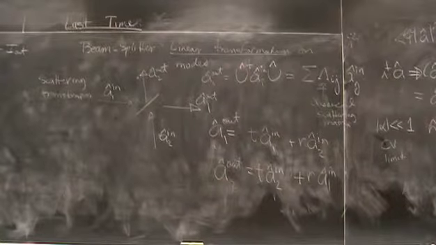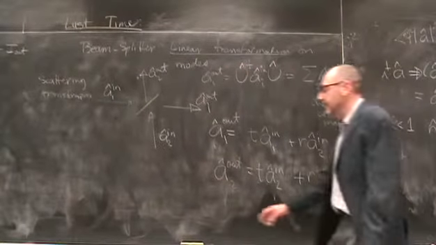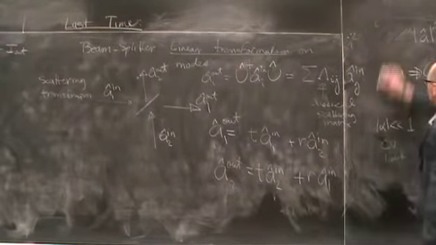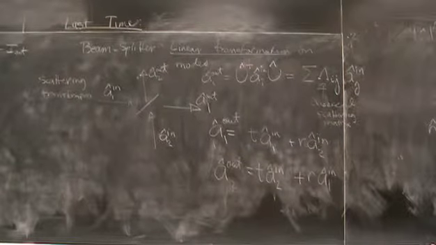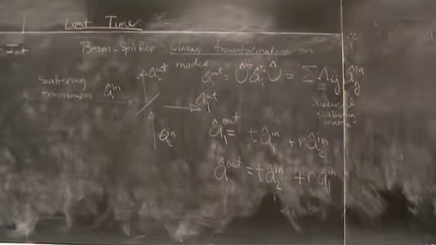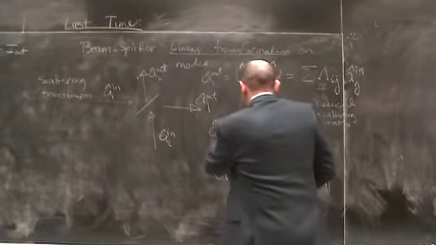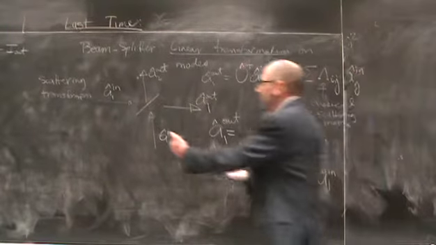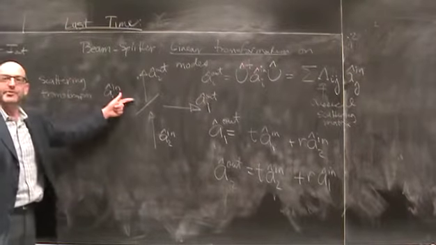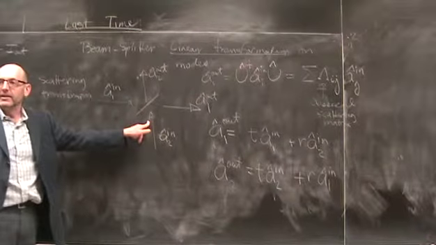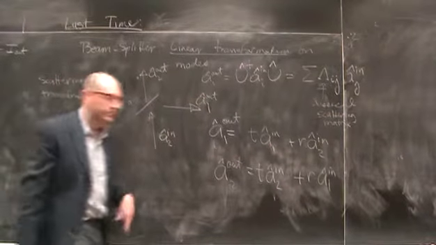Now I'm assuming in my calculation here that this is a symmetric beam splitter, meaning that the transmission and reflection coefficients don't depend on whether I'm coming from this way or from that way. Okay?